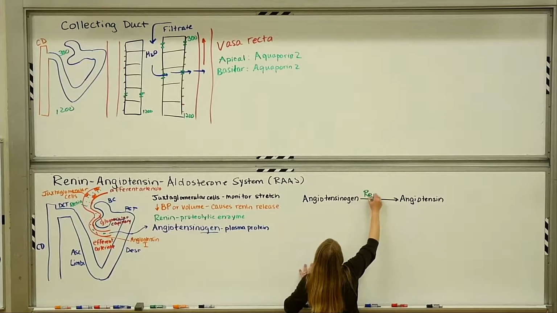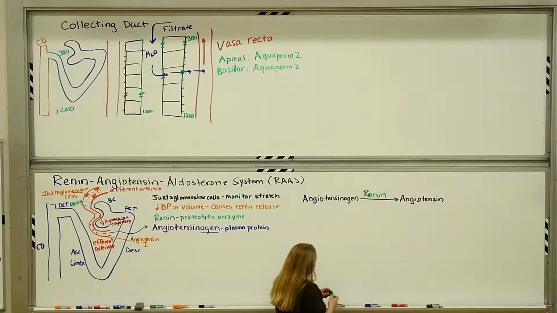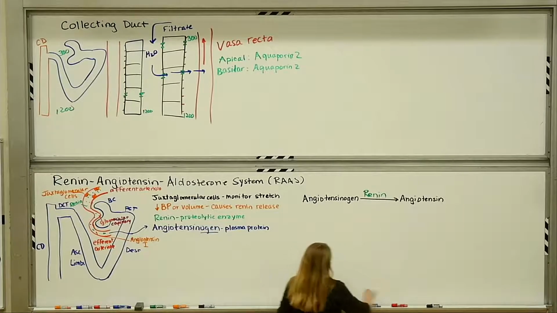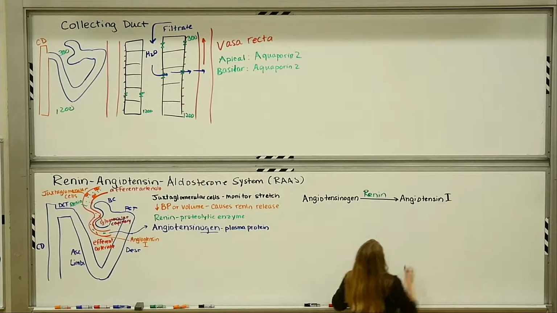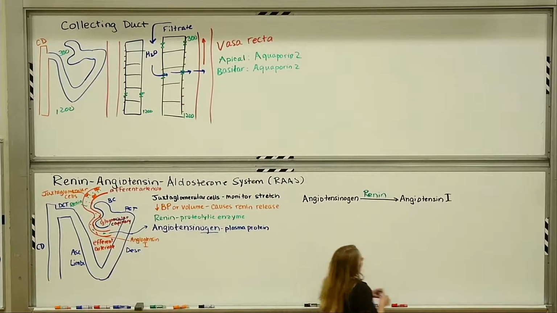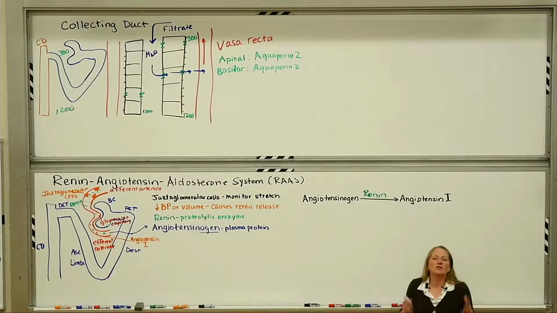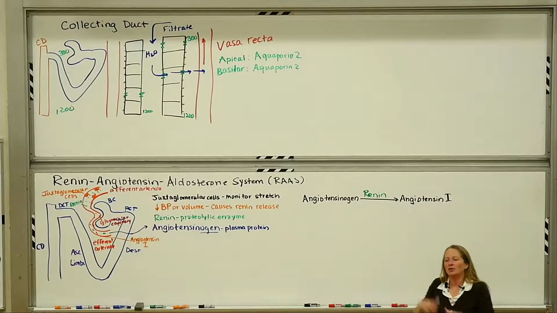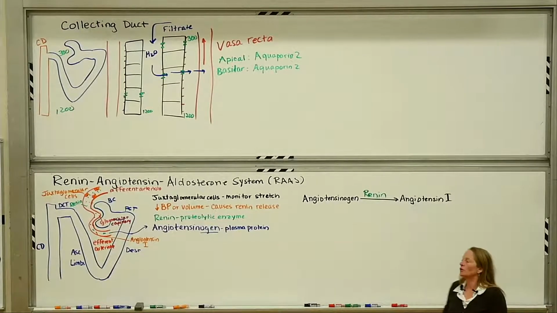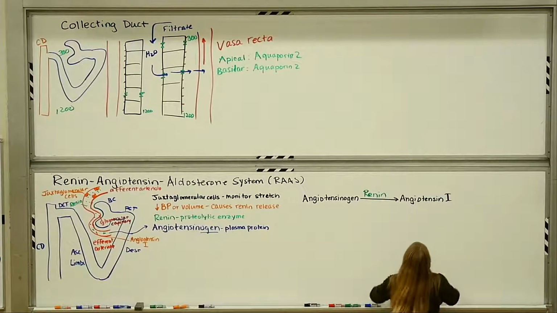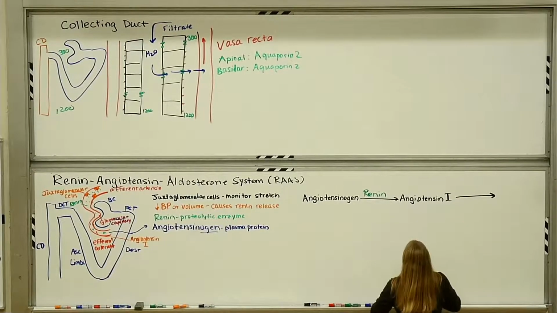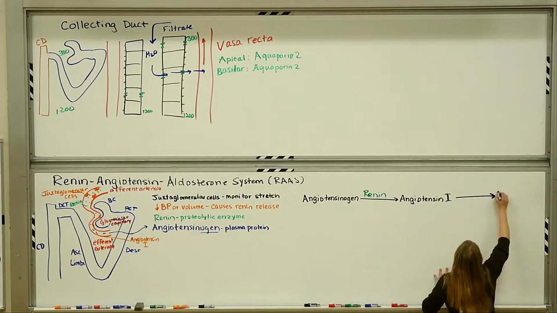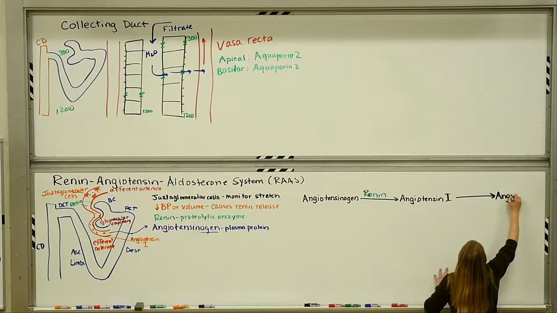So that's your enzyme that does this conversion. Angiotensin 1 has no role in this story beyond just being an intermediary. Okay, so from that, we're now going to convert it again. So we'll cut off a portion of the angiotensin 1, and that's going to make angiotensin 2.